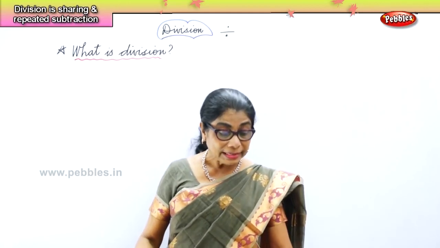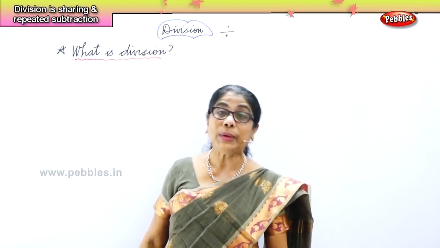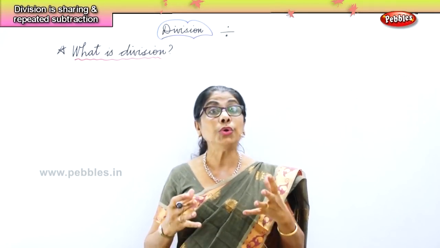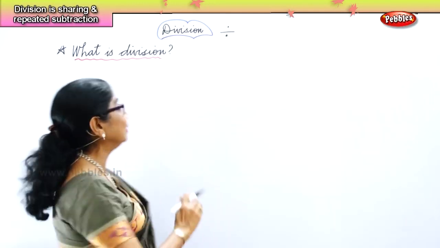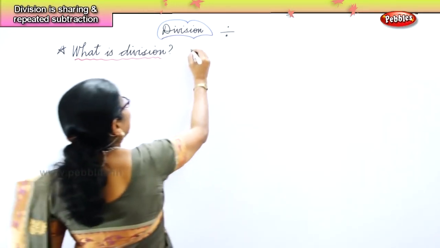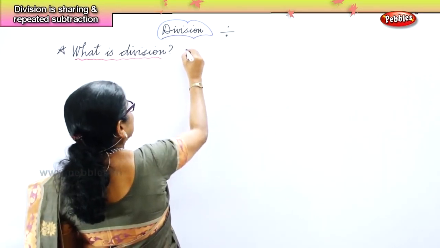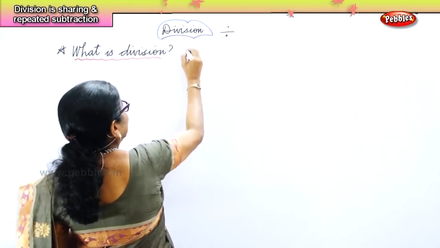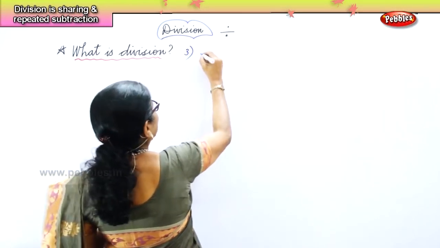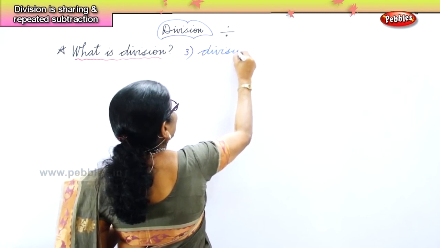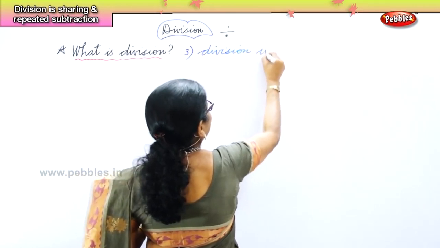Then we did division is equal distribution. And now the third one we are going to look at is division is sharing. What is division? Division is sharing. So the third thing we need to remember is division is sharing.